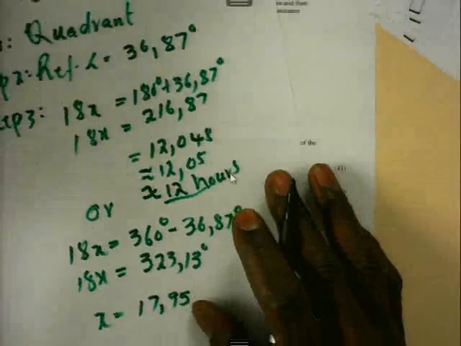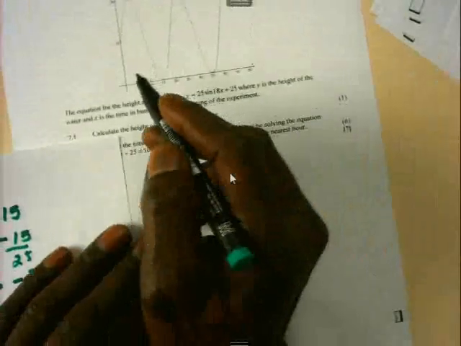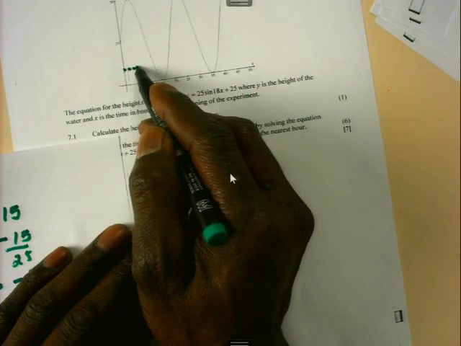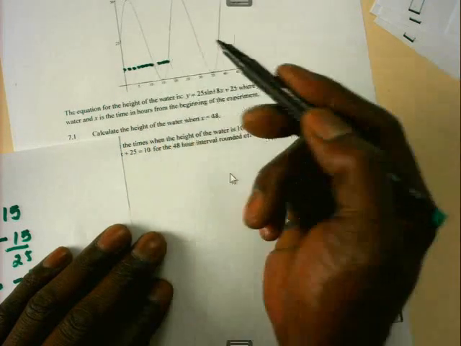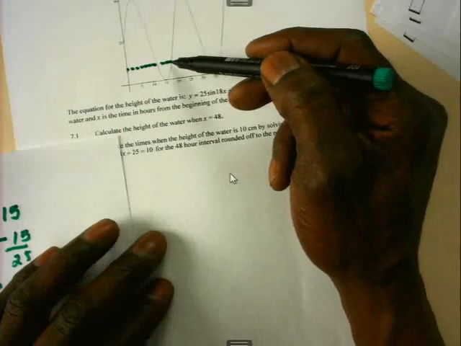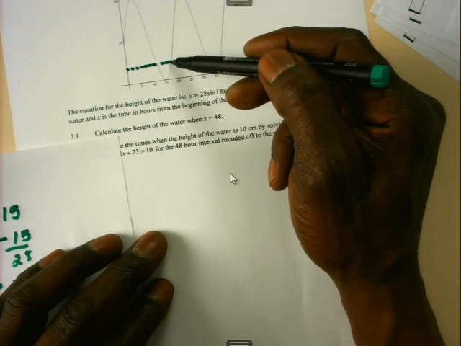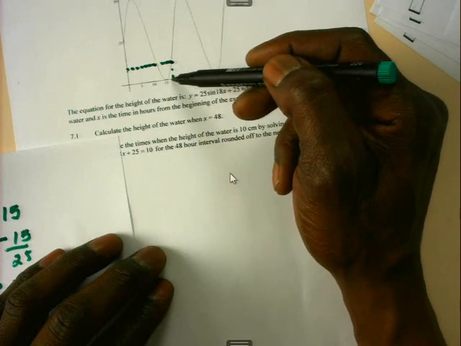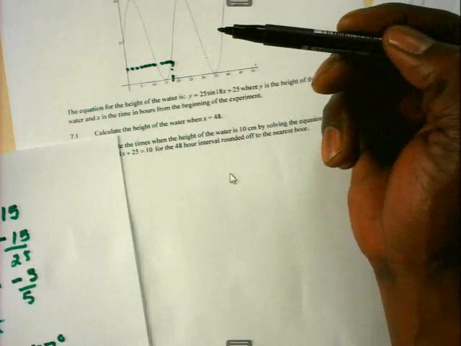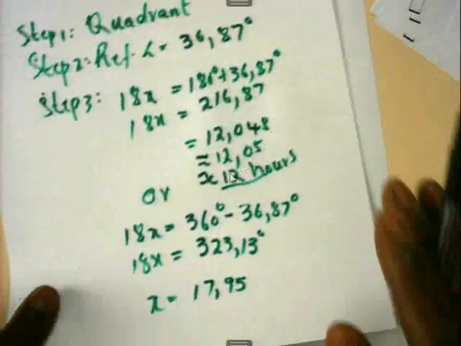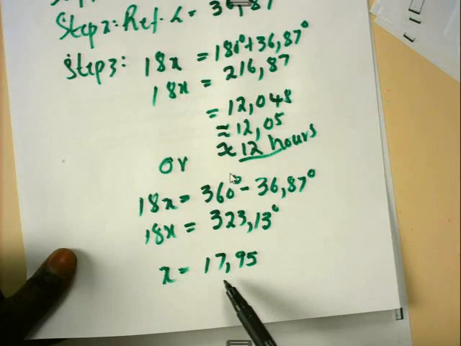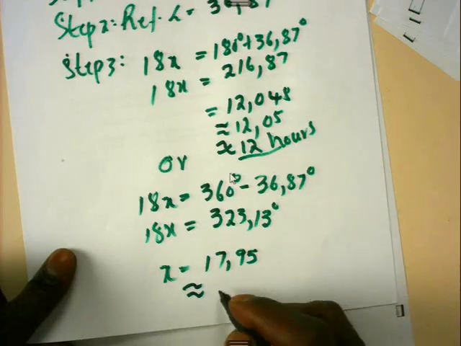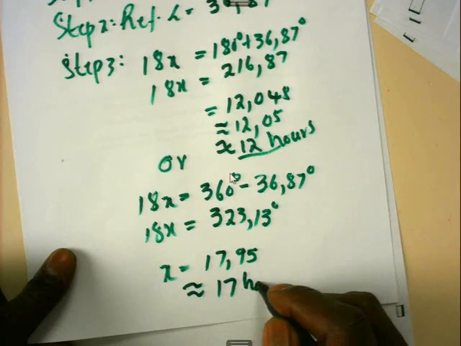And again, we said somewhere there is about 10, so we go there, and this also cuts this graph here. We should be having an answer that is more than 15. Let's look at our answer. Our answer here is 17.95, which will be approximately 17 hours.